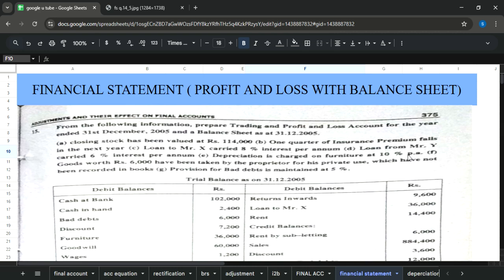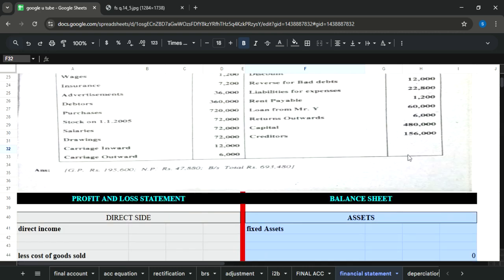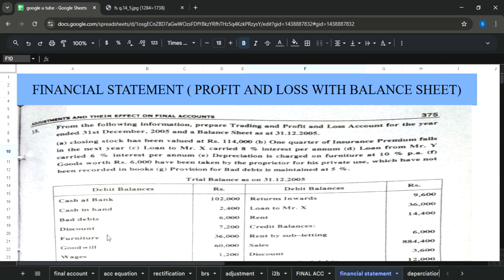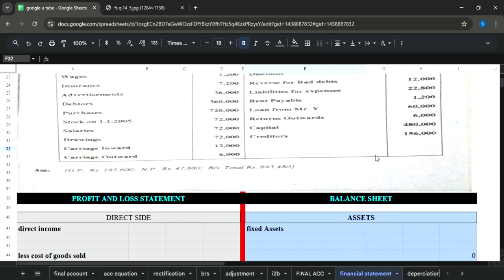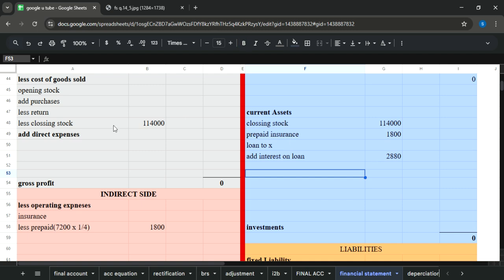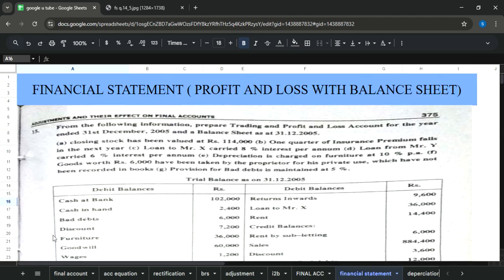Alright, first of all we will see where furniture is. Here you can see amount of furniture is 36,000 and depreciation is 10%. Hopefully we will be having it in our mind. So depreciation upon furniture, again we'll have to see the amount.